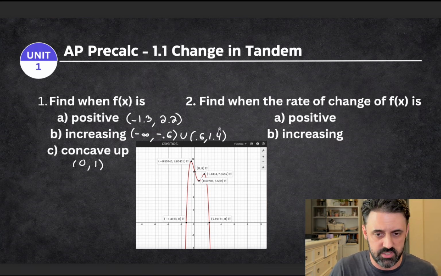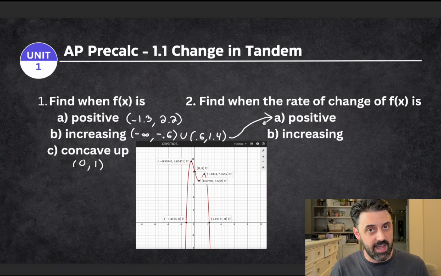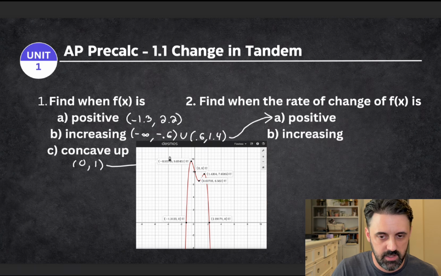So we can actually take our answer from part B here, and we can just move it, and it's the same answer right there. Part B is asking about when the rate of change is increasing, not the graph. The rate of change is increasing. Well, that's the definition of concave up. And so from part A, or part 1, we can take our answer for concave up and just put it right there for when the rate of change is increasing.